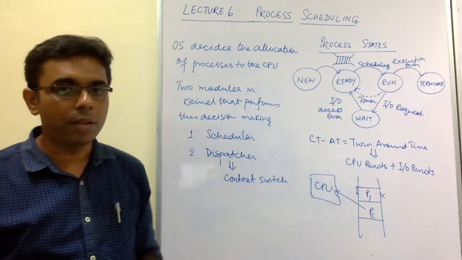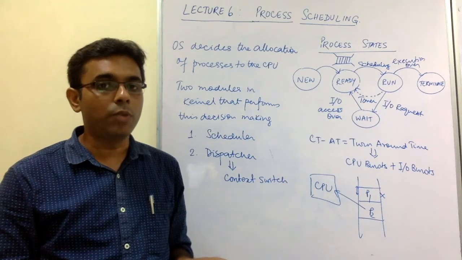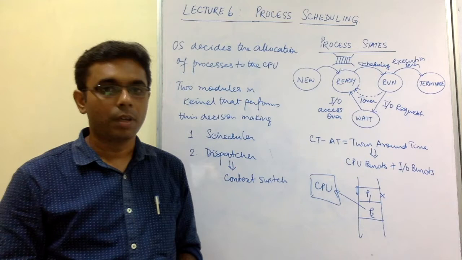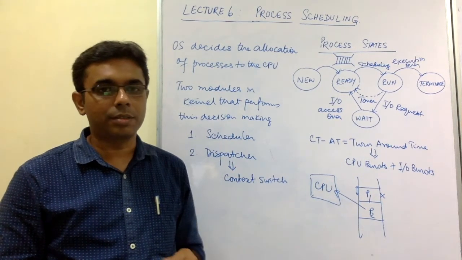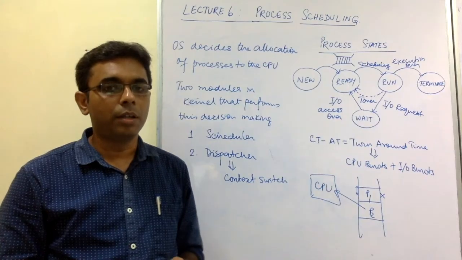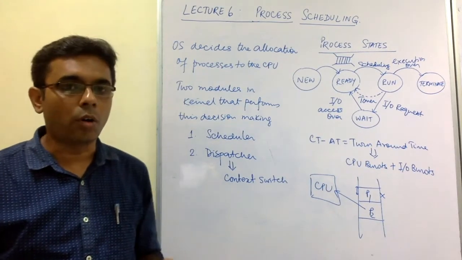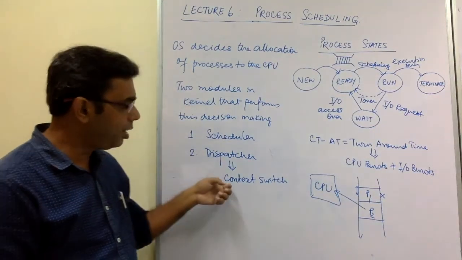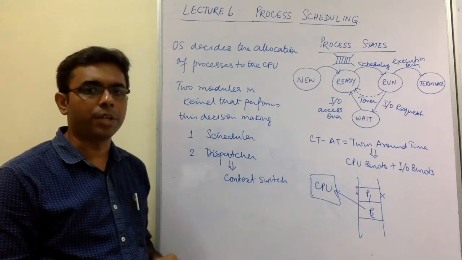Saving means saving the contents which are necessary so that you can start from the same point when you come back to executing P1. And this saving of the state of P1 involves a lot of data writing onto the memory. So that is the amount of time that is spent in performing those operations.